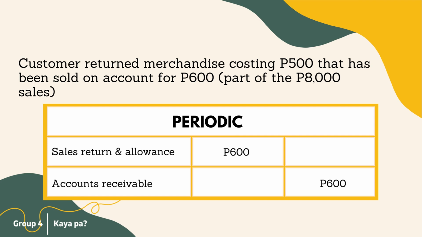Okay, so what will be your entry? If this is periodic, your sales returns and allowances will be debited, 600. And accounts receivable is credited. Of course, because your receivable decreases by 600, since the amount of 600 was returned.